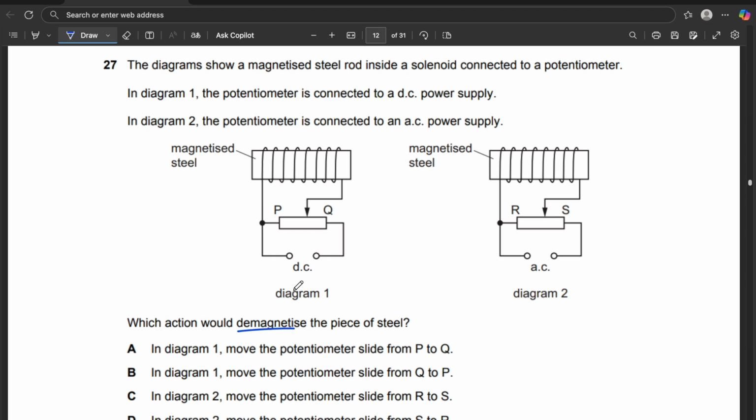So for demagnetization, we're going to use alternating current, obviously, because we want to kind of mess up the orientations of the electrons inside the magnet. So we're going to need alternating current to do so.